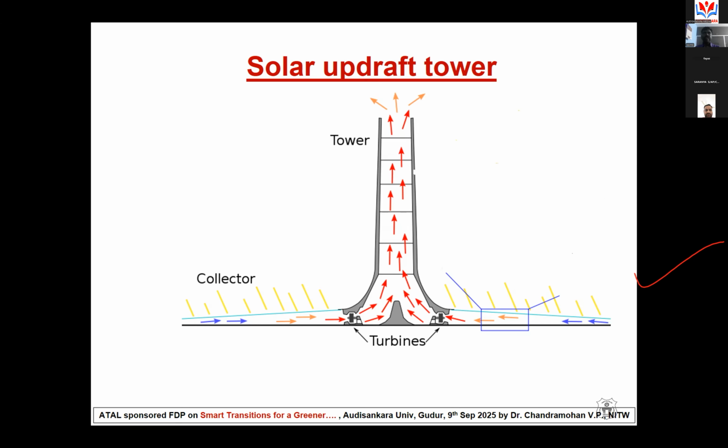The chimney height is almost 194 meters. This is the tower or chimney. They didn't construct all of it. Some portions of the chimney were constructed, and for some portion they took the help of a real hilltop, because this plant was developed on a hilltop.